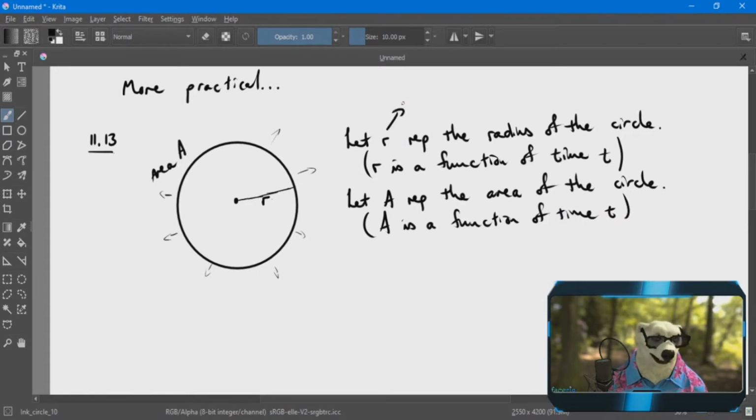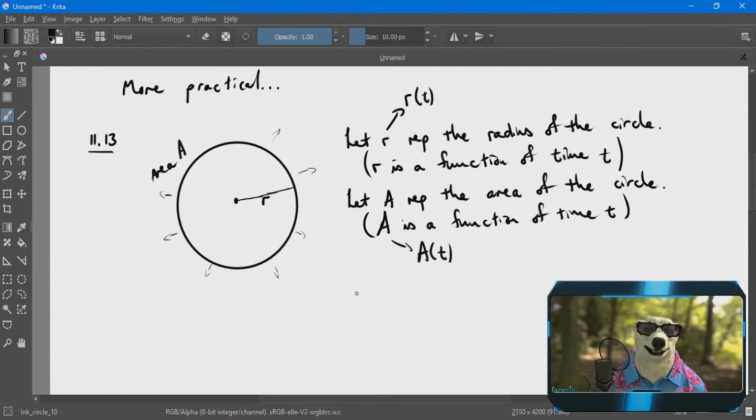Now, we can write R of t, we can write A of t, but as long as we keep in mind what the R and the A actually are, we don't have to emphasize the bracket and have too many letters floating around. We don't need them. We just need to be aware that they are in fact functions of time.